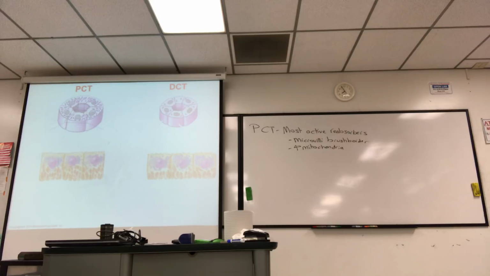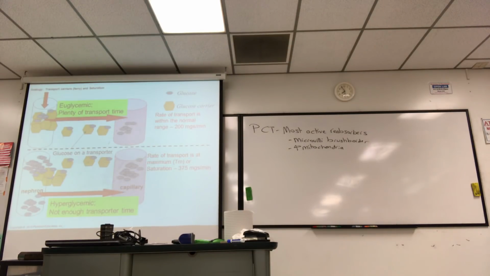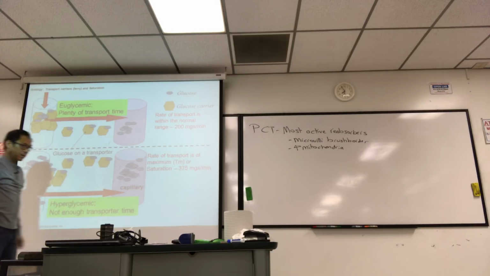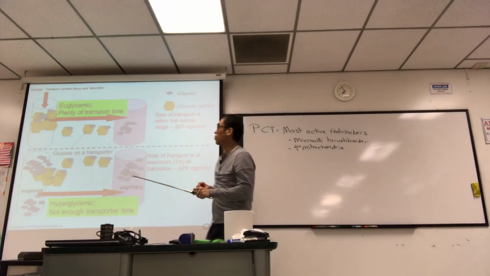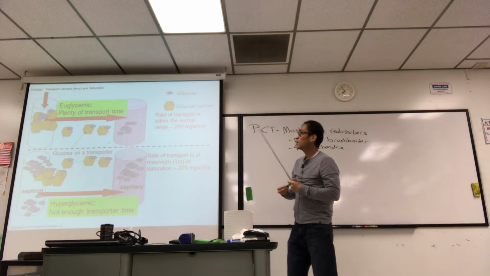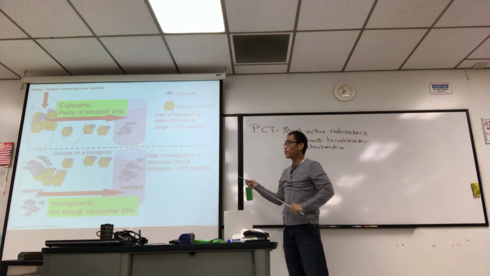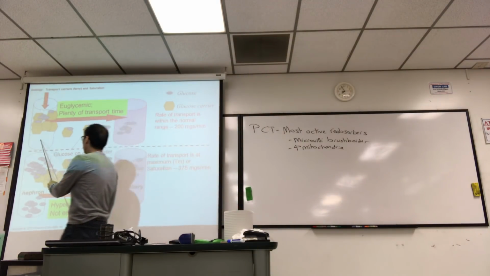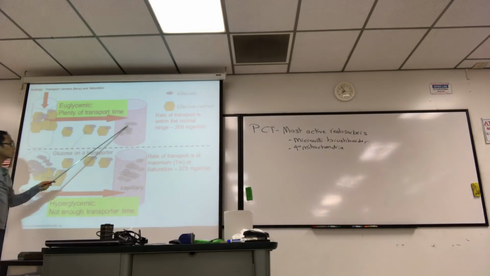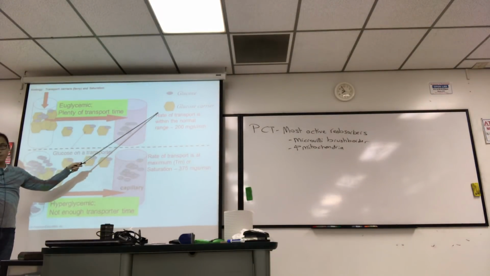So reabsorption, just to describe it using an analogy, they call this the ferry analogy. If you're trying to get a substance, say for example glucose, from one place to another, in this case from the filtrate to the blood, glucose needs a carrier.